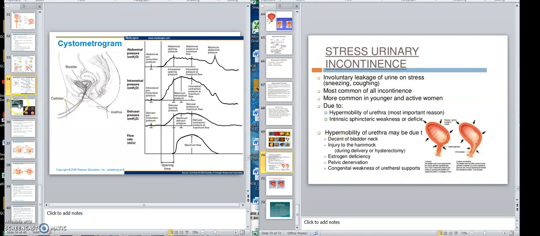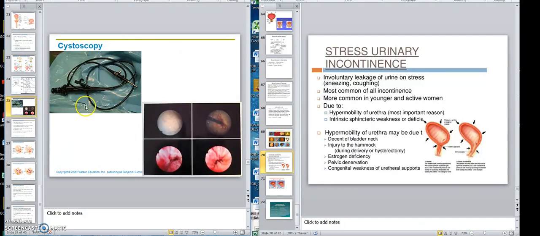The other test we do is called cystoscopy. Cystoscopy is where we take this flexible scope. Of course, the person will be under anesthesia, and we pass it up through the urethra and look into the bladder to see if there is irritation or other things that may be causing problems.